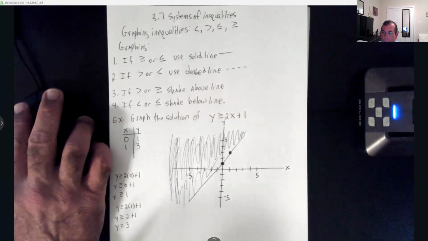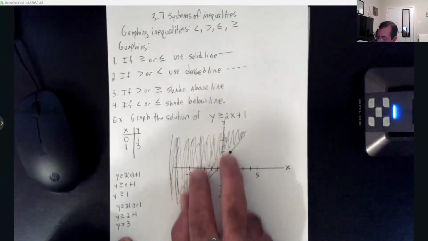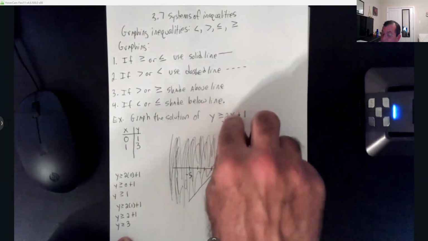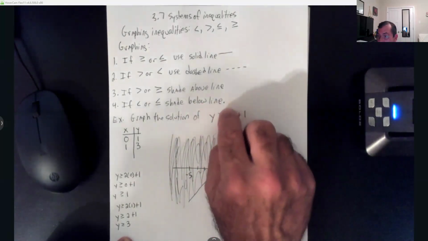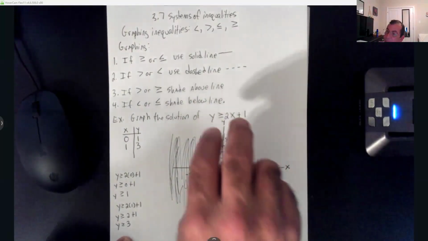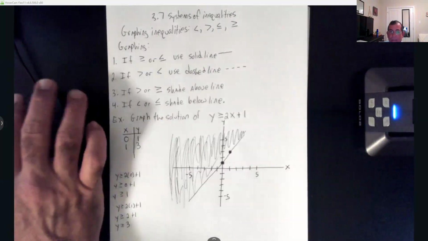So what that means in the long run is that any point that you pick out of this shaded area will make the inequality true when you plug into it. Any point that's not shaded will make that false when you plug into it, okay?